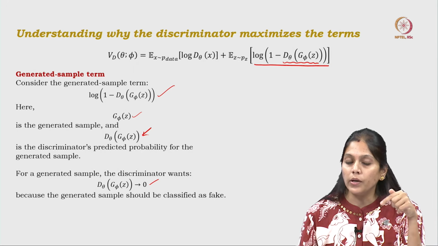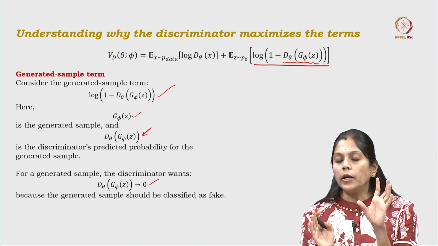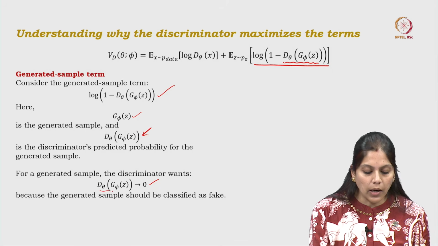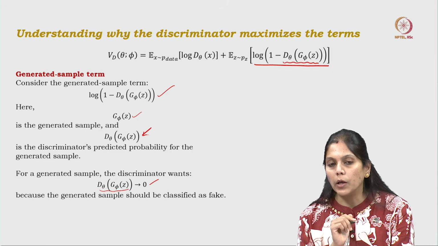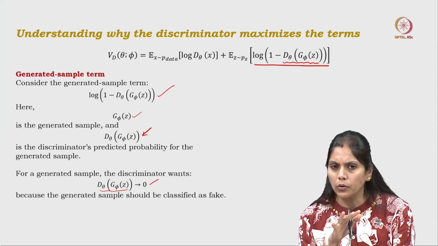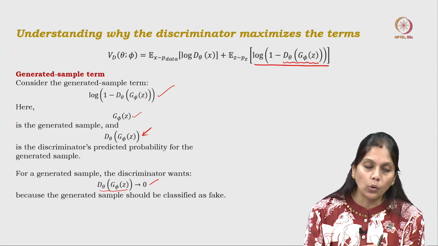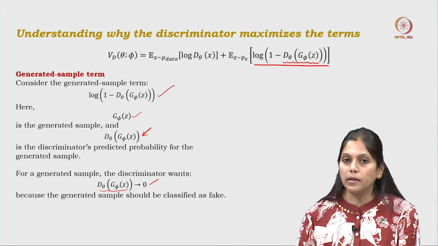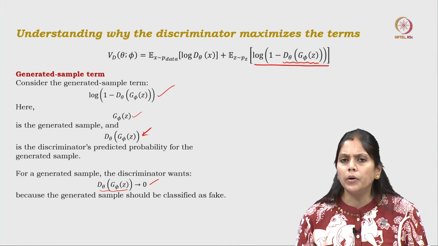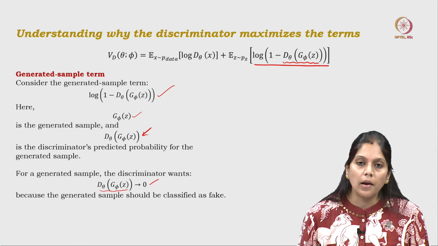Now, if this value is closer to 0, which means this entire D theta term should be closer to 0, then you are going to maximize this term. Let us see in which scenario we maximize this. At the beginning of training, the discriminator is definitely not well trained.